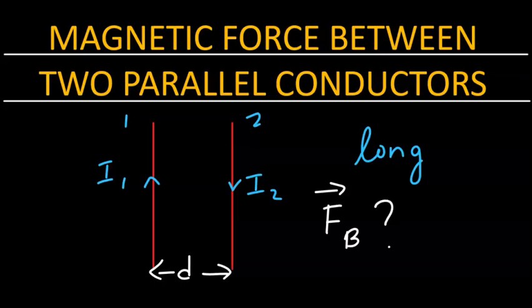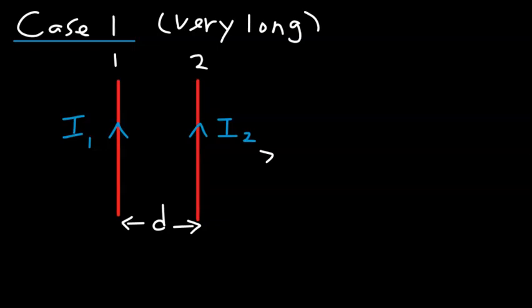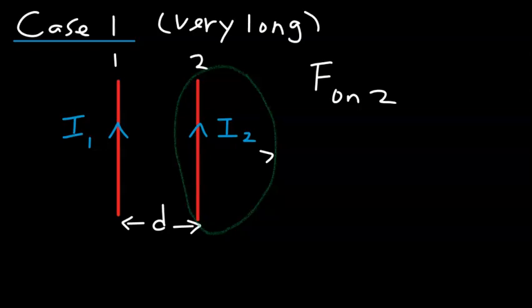of the magnetic force. Let's look at case number 1, where the two currents are parallel to each other. Now let's calculate the force on 2 due to conductor 1. The magnetic force the current I2 feels is a result of the magnetic field that I1 produces at the location of I2.